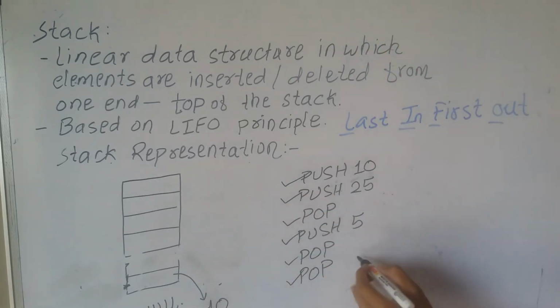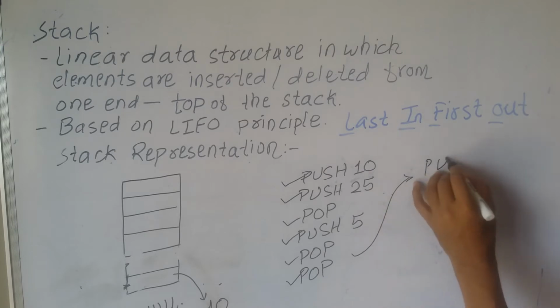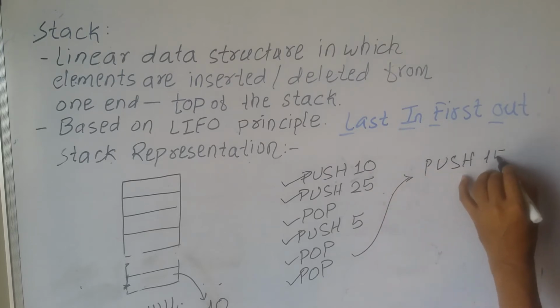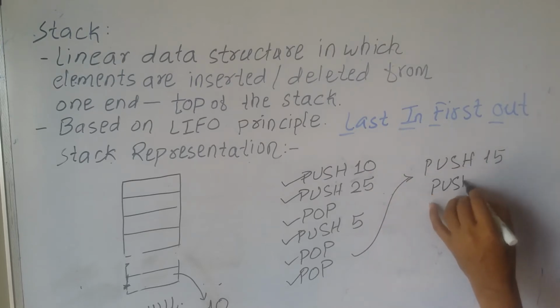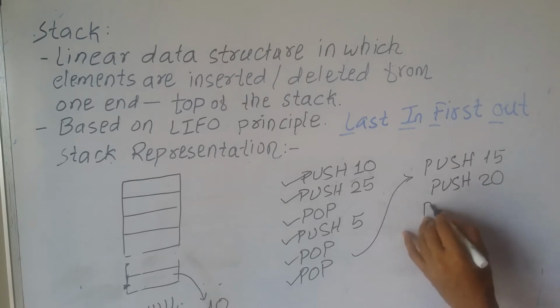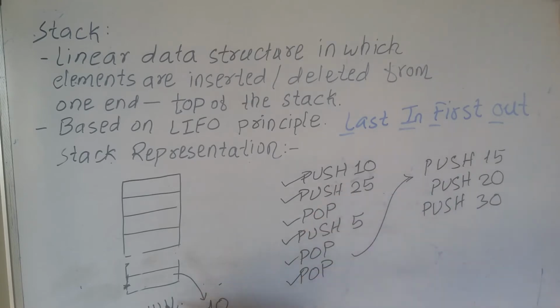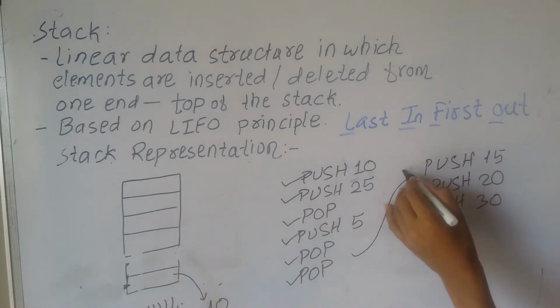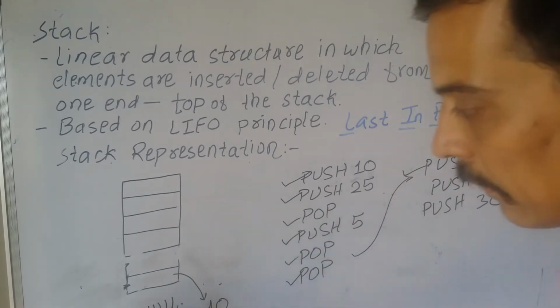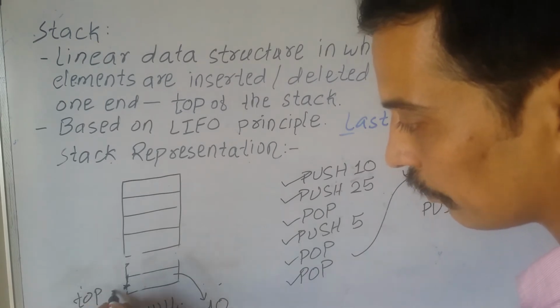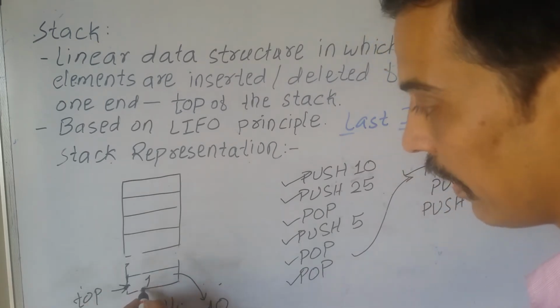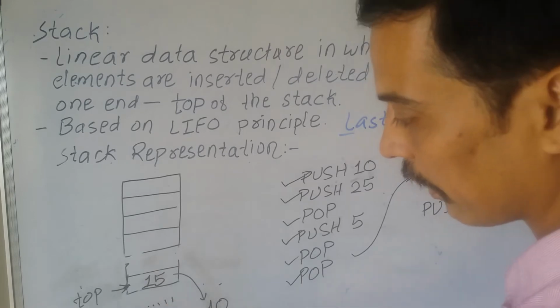After that, if I am performing again 3 push operations, push 15, push 20, and then push for example 30. When I am performing the push 15 operation, the top is incremented by 1 and the element 15 is stored over here.